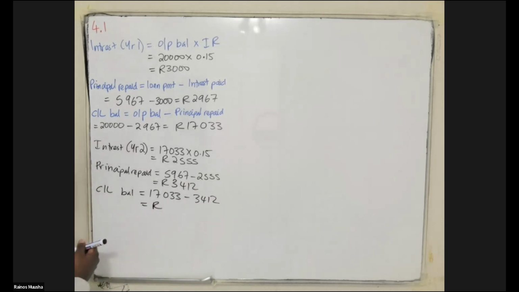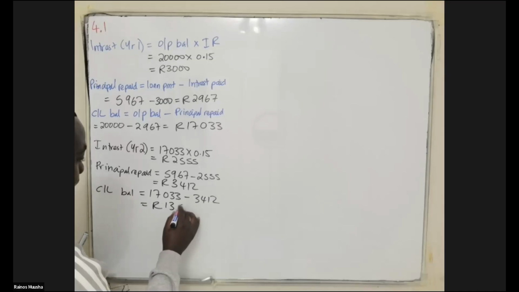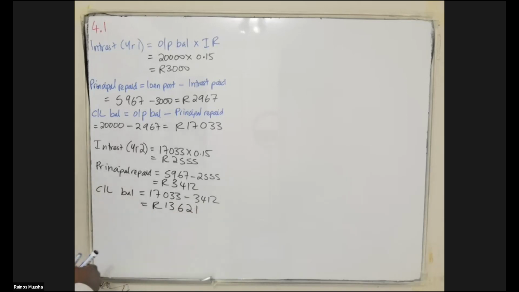So how much is going to be the closing balance for year 2? 13,621. So we can now move on to year 3.